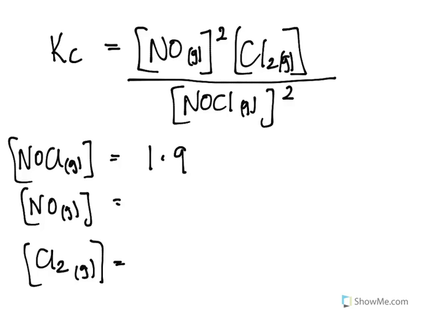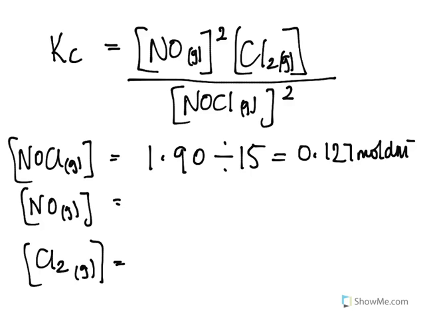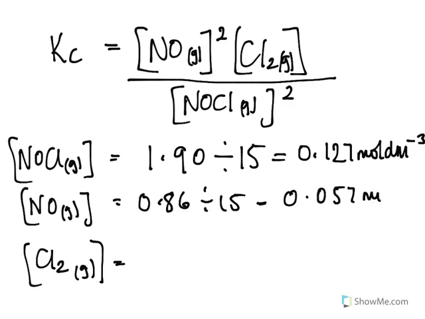The number of moles of NaCl was 190, and the volume is 15 dm cubed. So we take the number of moles divided by the volume, we get a concentration of 127 moles per dm cubed. And doing likewise, we can work out the concentration of NO by dividing by the volume, and we get 0.057 moles per dm cubed.